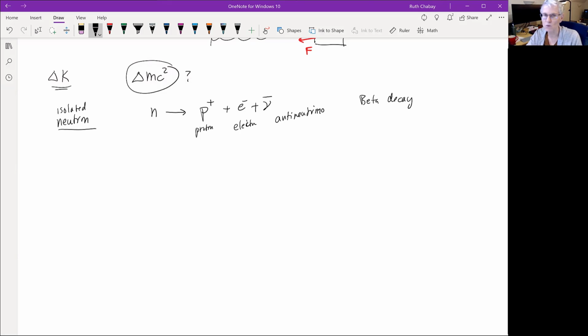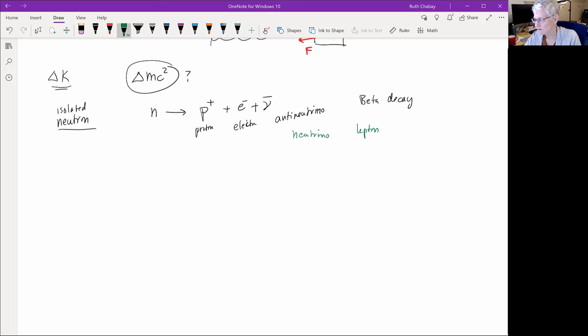What you detect, the proton pretty much stays there in the nucleus, and what you detect coming out is the electron. What's a neutrino? A neutrino is a tiny particle. It's not made of anything, like electrons. It's made of itself. It's a lepton.